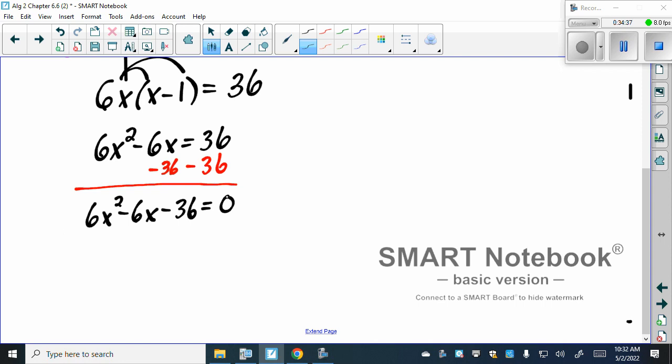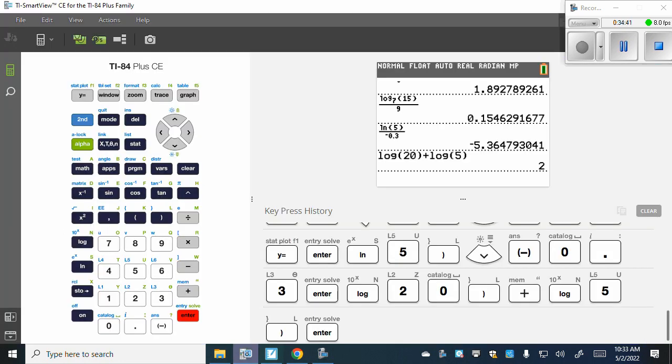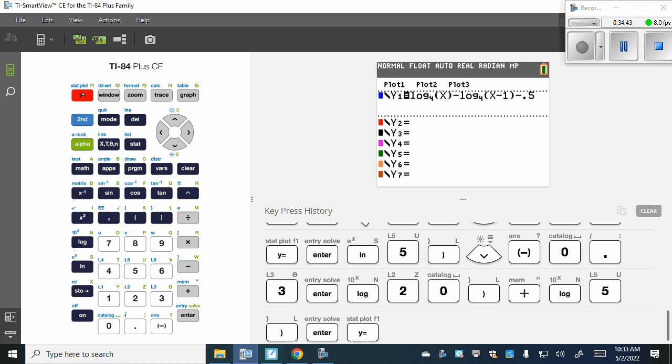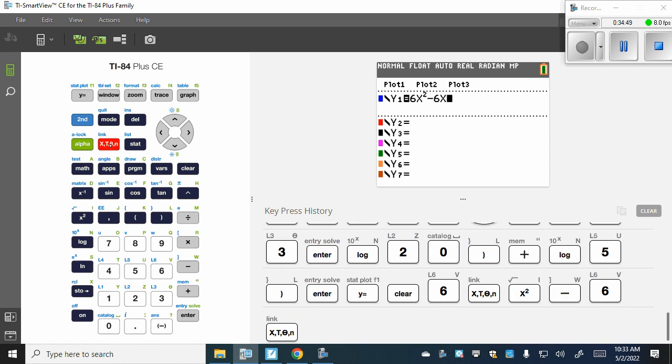Now we can factor this if we want. I'm going to do it a little bit differently. I'm going to pull up the graphing calculator. Clear. So 6x squared minus 6x minus 36 is our quadratic function, yes? And we're trying to see what values of x make this equal 0.